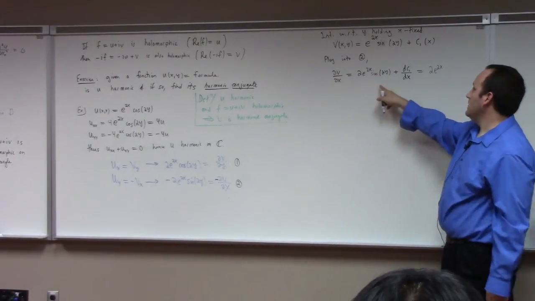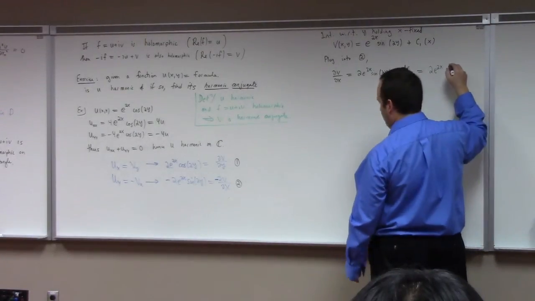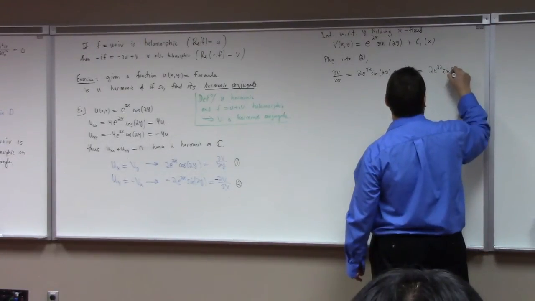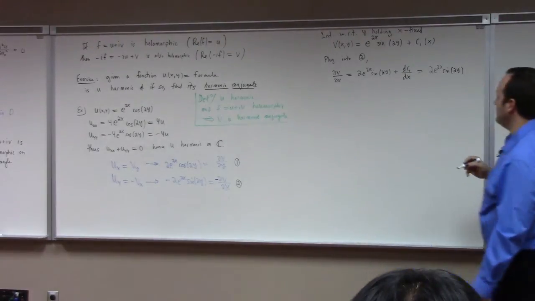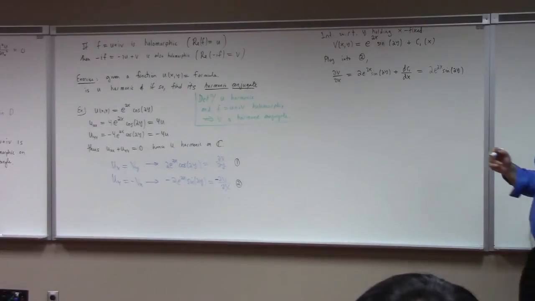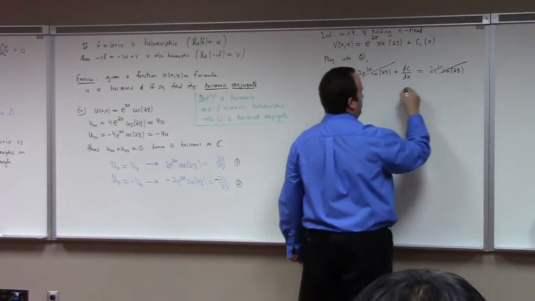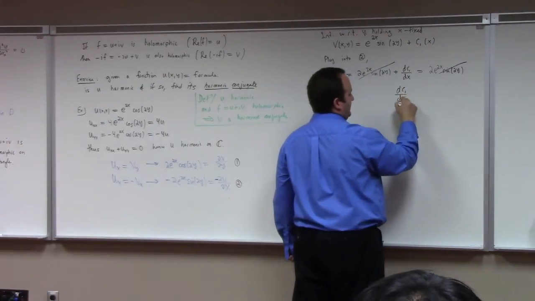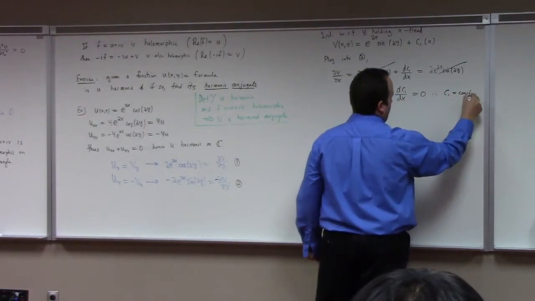This is all supposed to equal e to the 2x sine 2y. These cancel and we get dc1 dx is equal to 0. Therefore, c1 is just some constant.